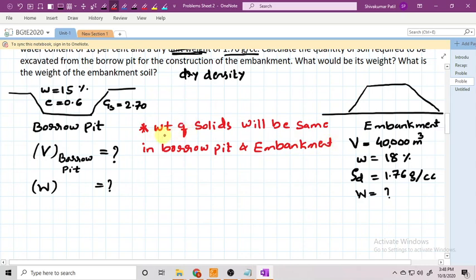This weight of solids is not going to change, whether it is in a borrow pit or in an embankment. So that is the weight of solids.